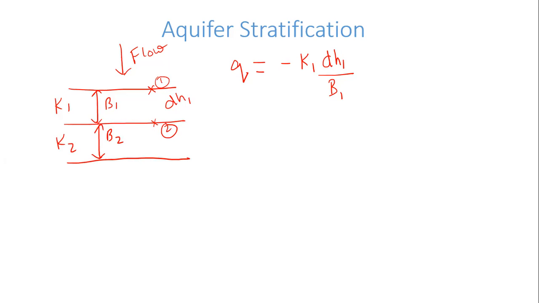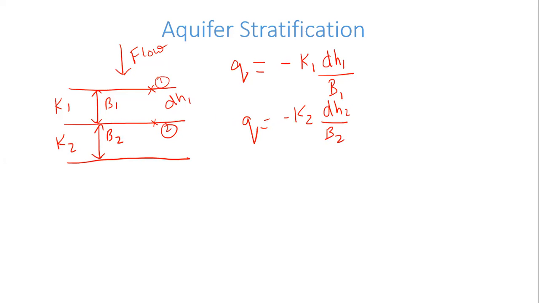So it's minus k1 times dh1 divided by b1. Now the same flow is happening through the second layer, which is of thickness b2 and has a hydraulic conductivity of k2. So it will be k2 times dh2 divided by b2. I think nobody has a problem with this.